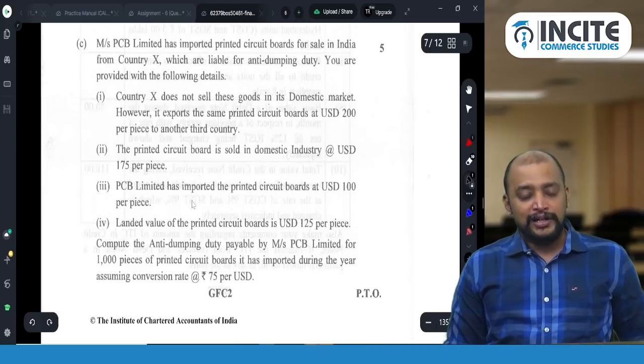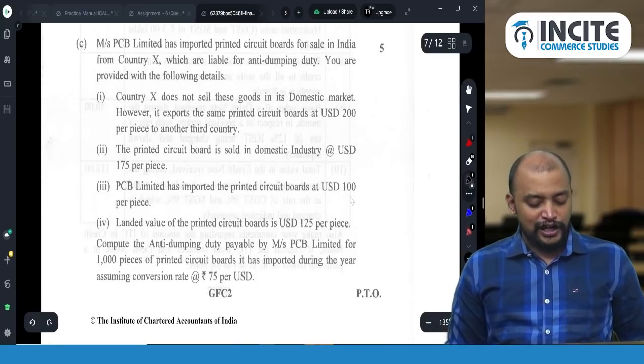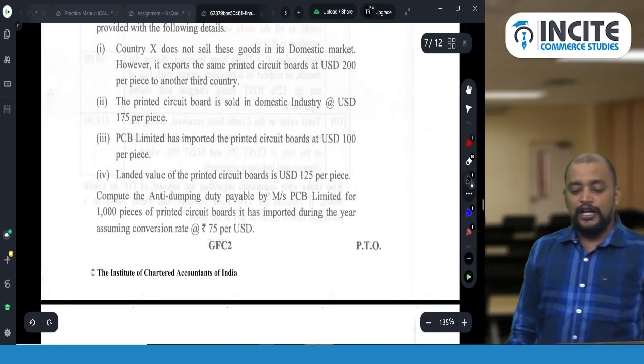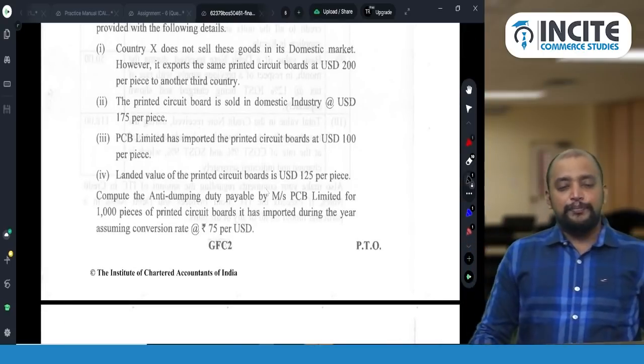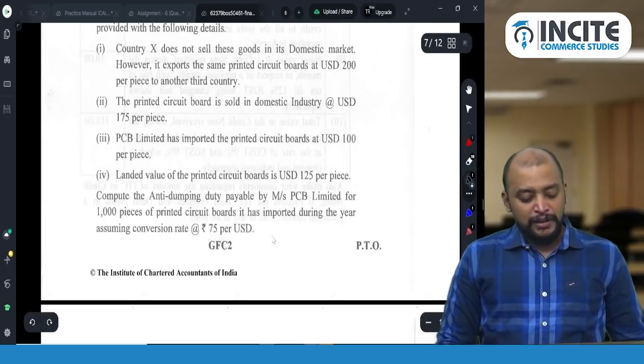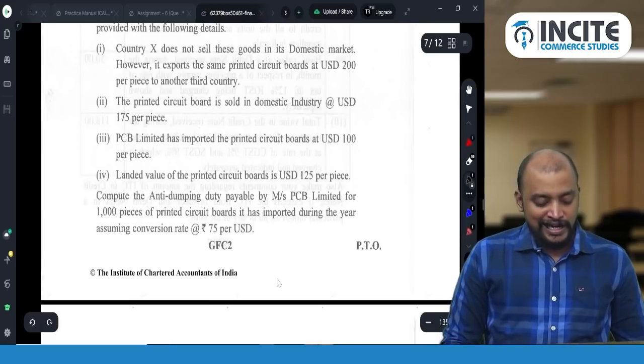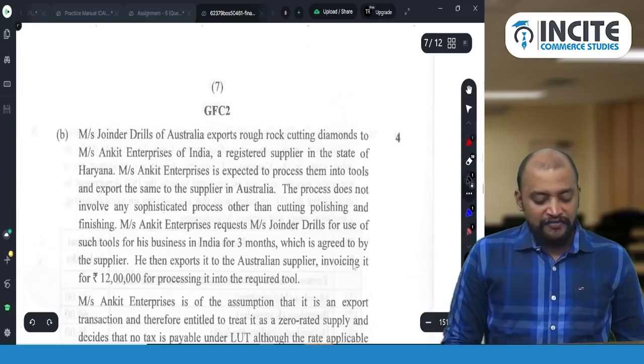PCB Limited has imported the printed circuit board at $100 per piece. Landed value of the printed circuit board is $125 per piece. Compute anti-dumping duty payable by Messrs. PCB Limited for 1000 pieces of printed circuit boards it has imported during the year, assuming conversion rate of 75 per US dollar.